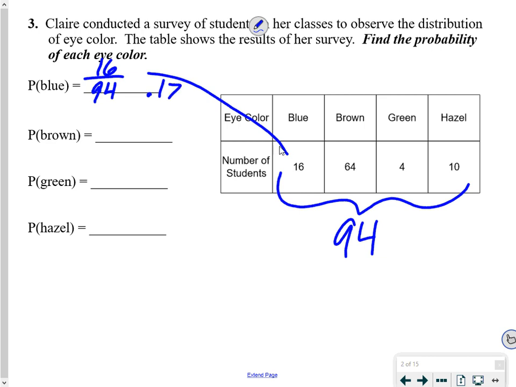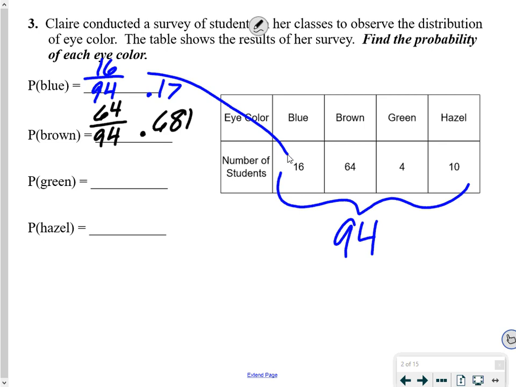and that would give 0.17 or 17%. The probability that a randomly selected person from the survey has brown eyes would be the amount of people with brown eyes divided by the total, so that's 64 over 94, which would be 0.681 or 68.1%.